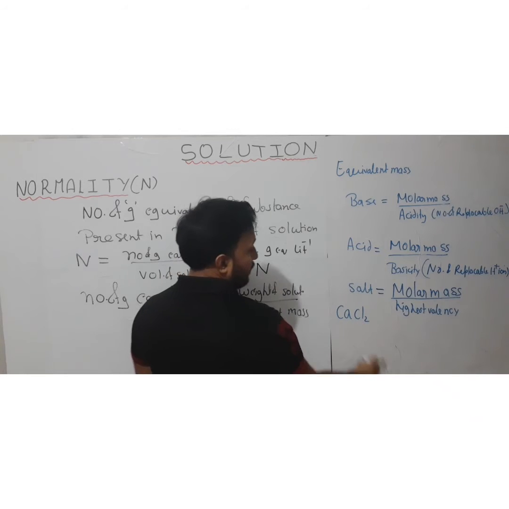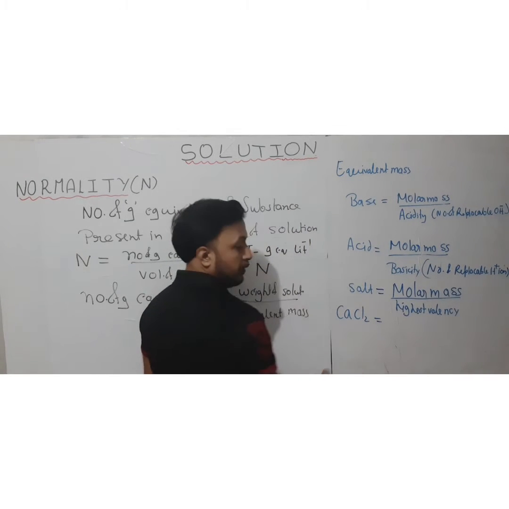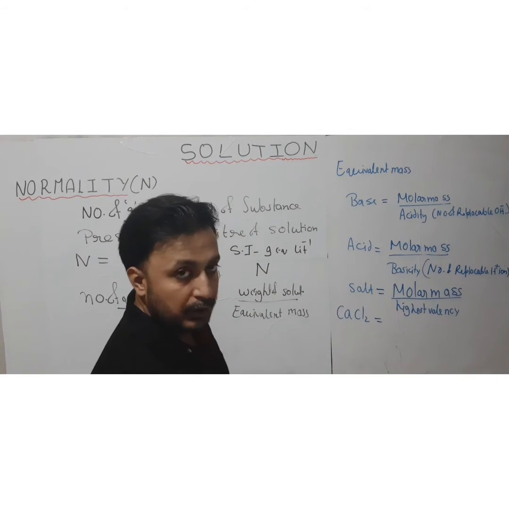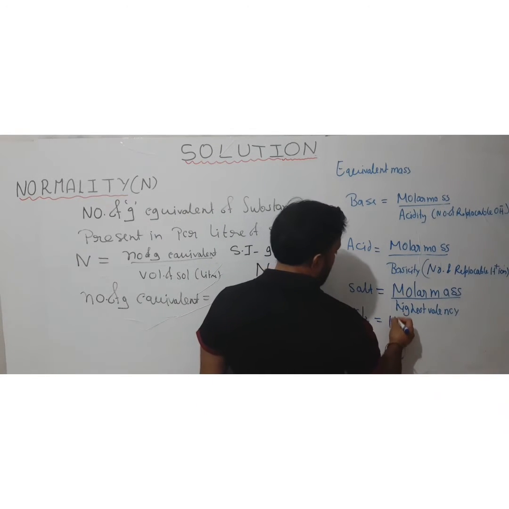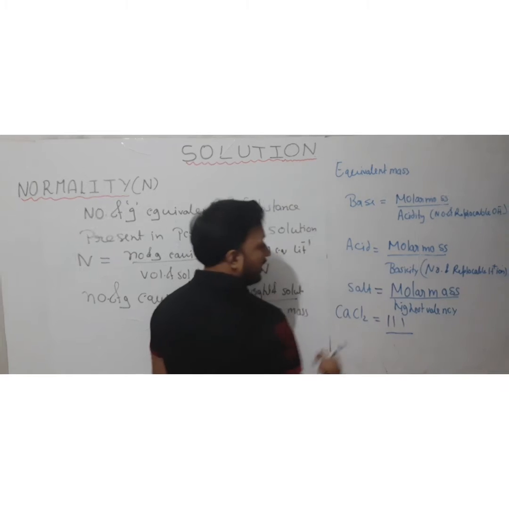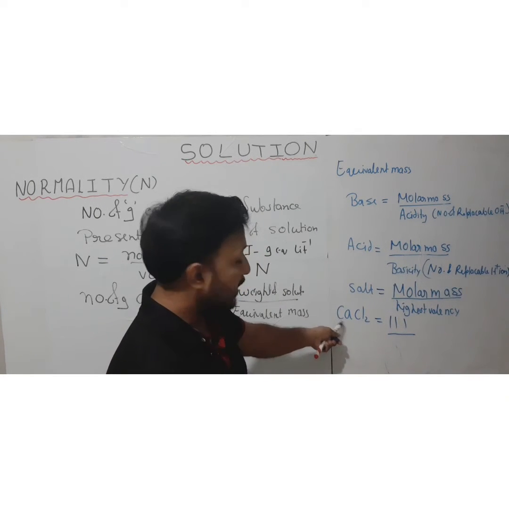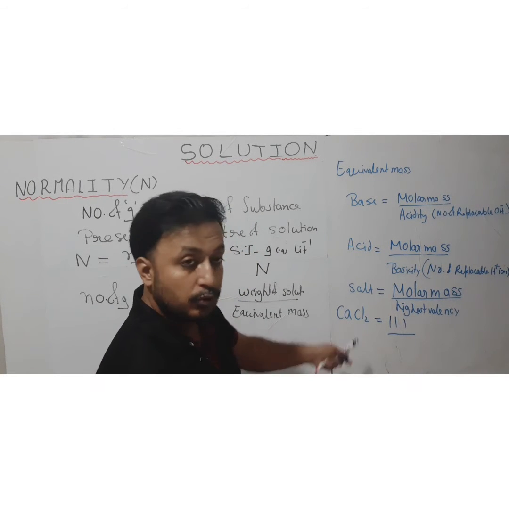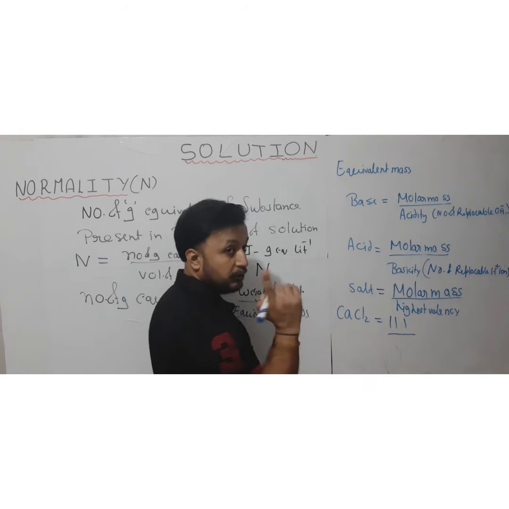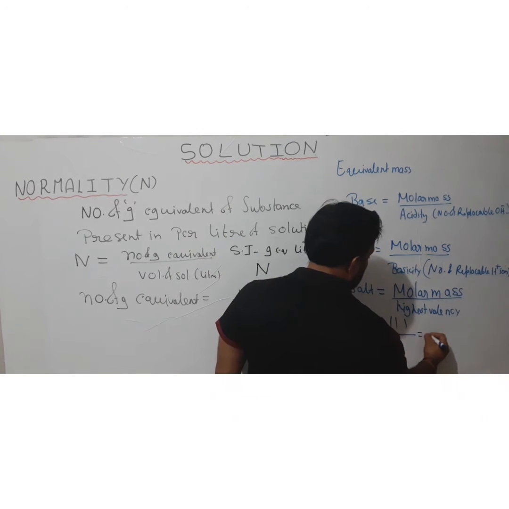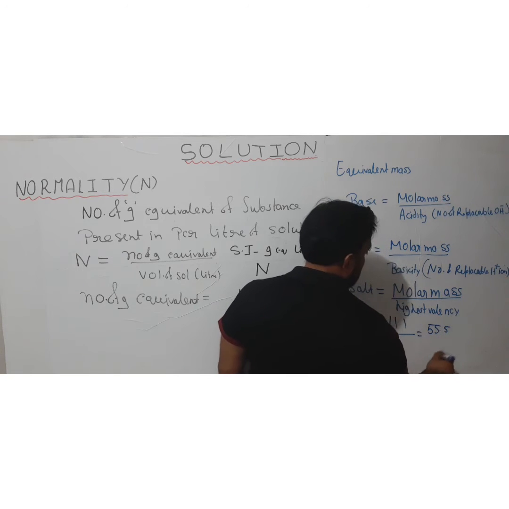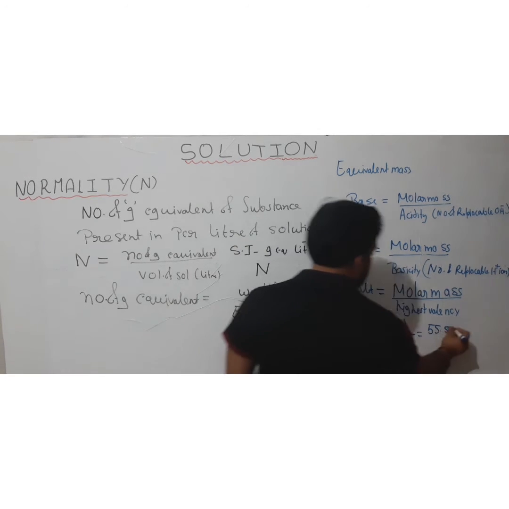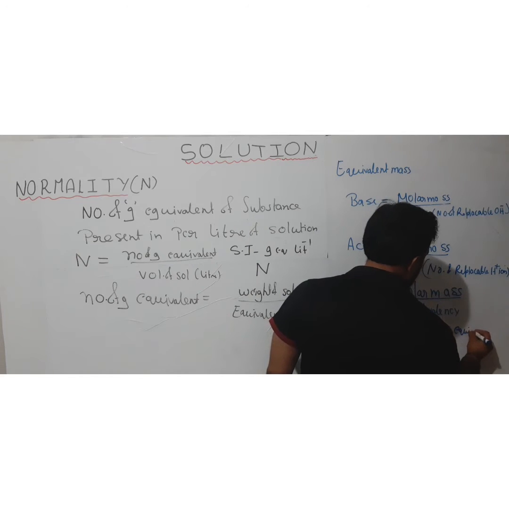In calcium chloride, the molar mass of the substance is going to be what? Calcium 40, chlorine 35.5, so 2 chlorine means 71, it will make it 111, divided by the highest valency. In case of this calcium chloride salt, the highest valency is for calcium, that is +2, so that is going to be 2, so it is going to be 55.5. That is going to be the equivalent mass of calcium chloride.